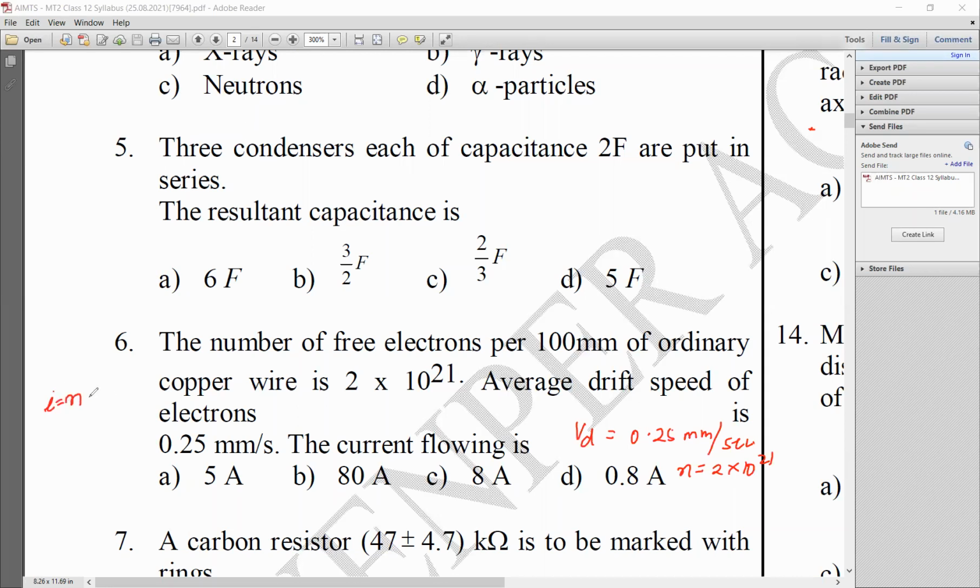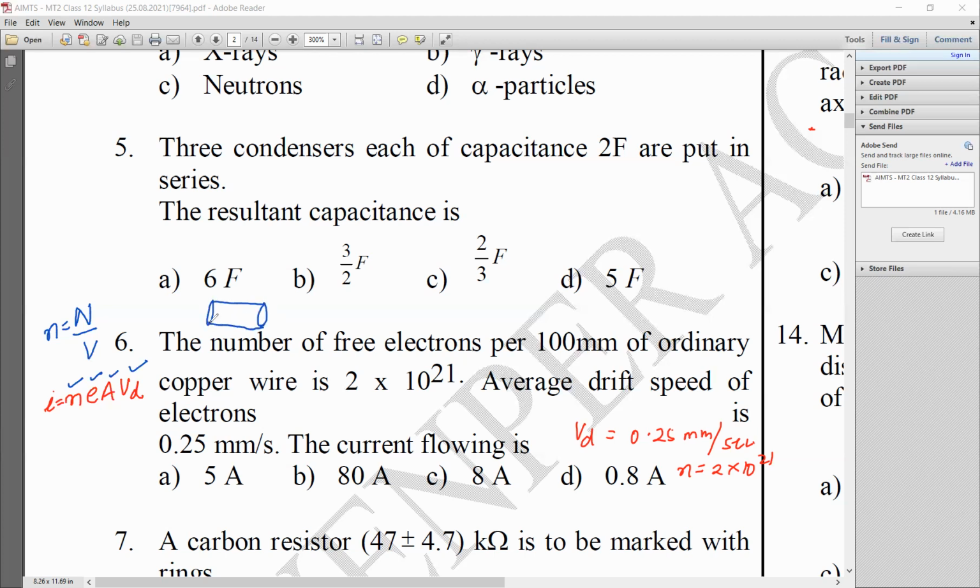I = n e A v_d. v_d is drift velocity. n is number of free electrons per unit volume. e is charge of electron. A is area. Now here area is not given, so it is an indirect question.